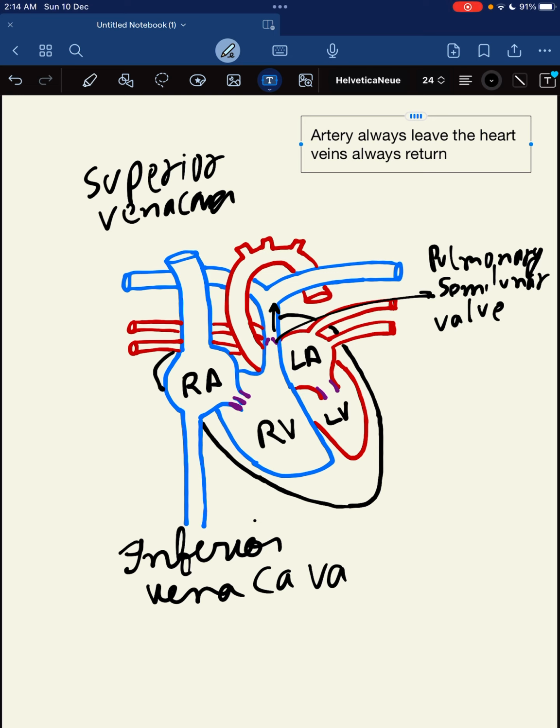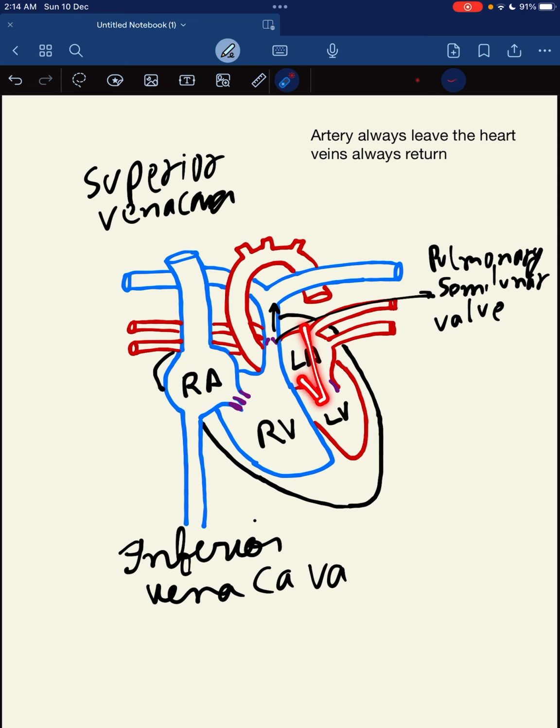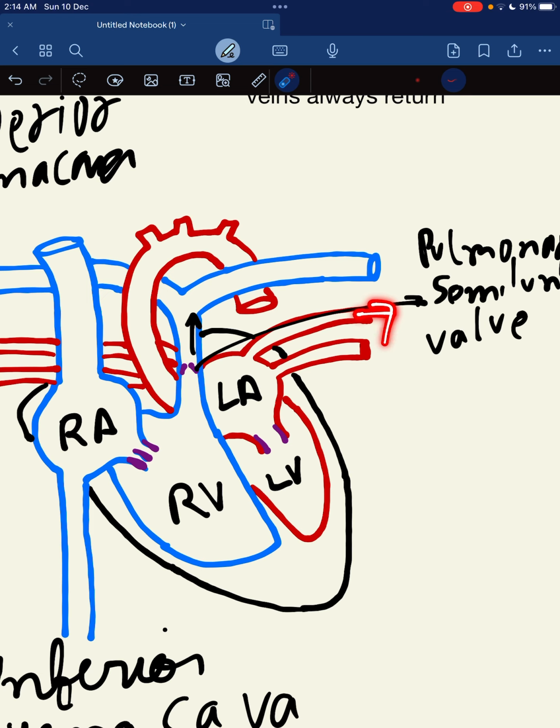Once the blood goes to the lungs, it gets oxygen, and it needs to go to the left atrium so that it can go back to the heart. So there are two pulmonary veins. From the pulmonary veins, the oxygenated blood from the lungs gets into the left atrium.